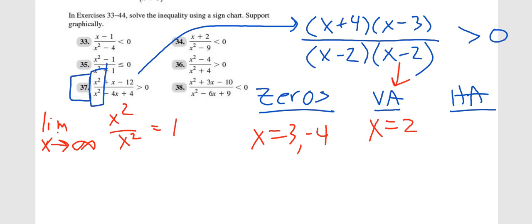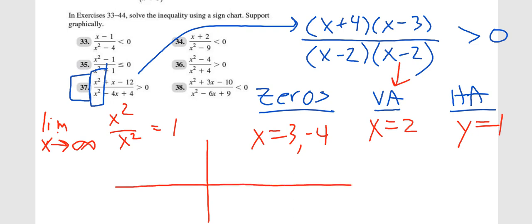Don't be one of those people. It's y equals 1. Okay, so now we know we've got a horizontal asymptote running through here, y equals 1, and a vertical asymptote over here at x equals 2.